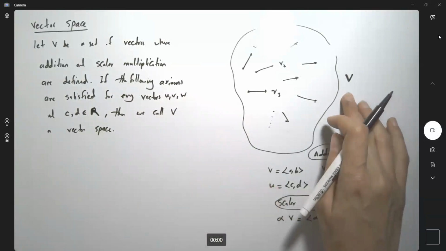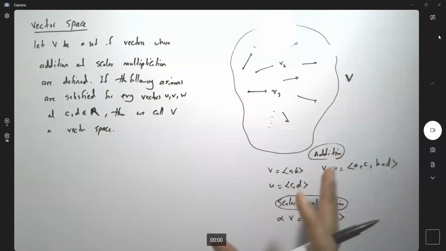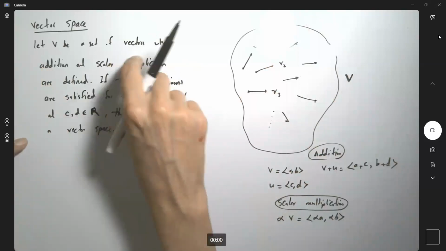So for now, it is just a set of a bunch of vectors. If it satisfies the following, then we call it a vector space.